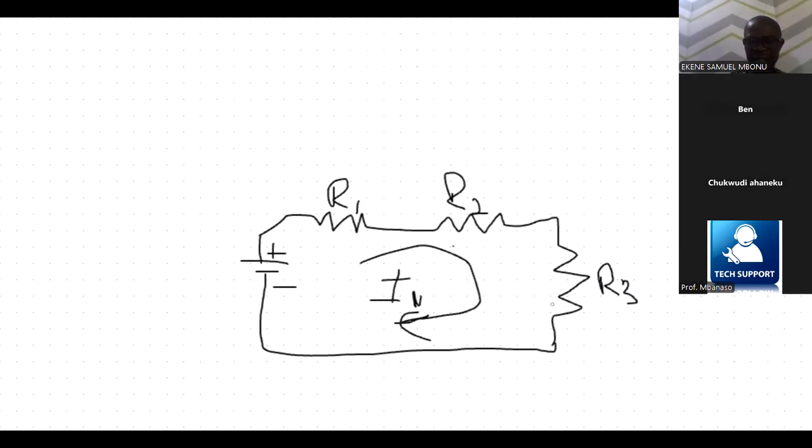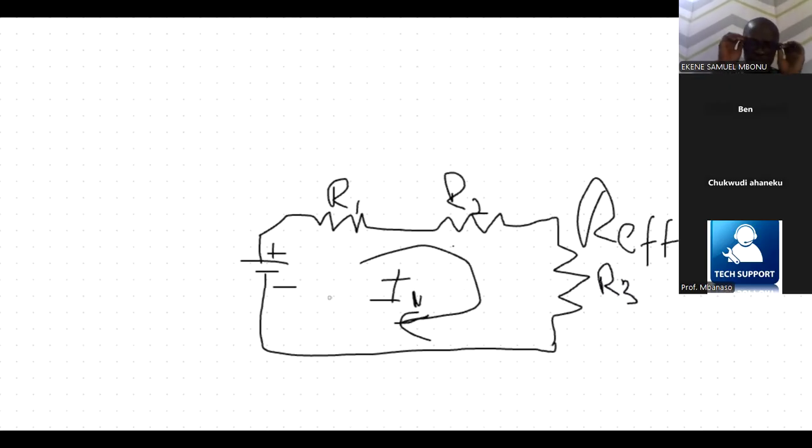So the effective resistance that this circuit sees is R effective, which is equal to R1 plus R2 plus R3.